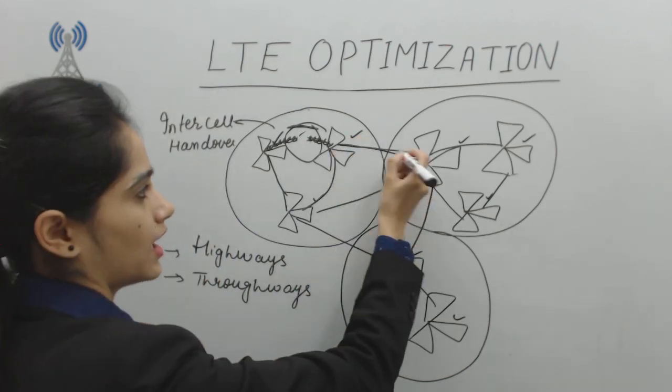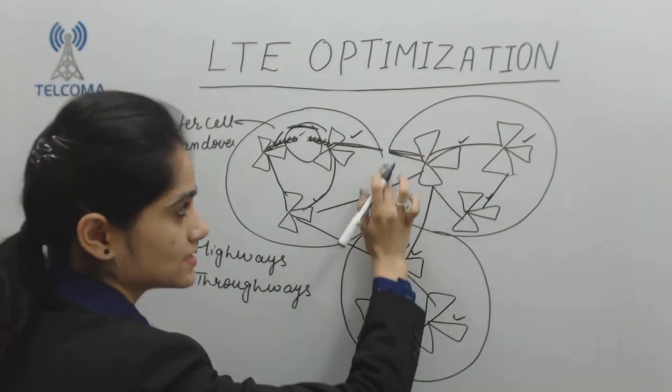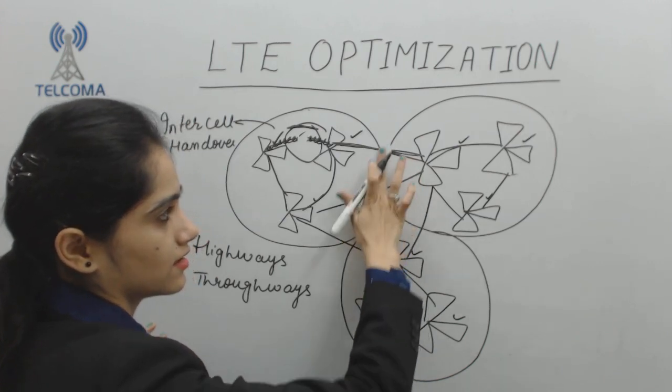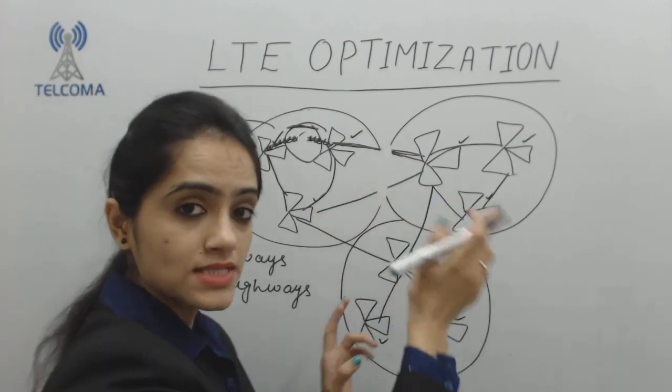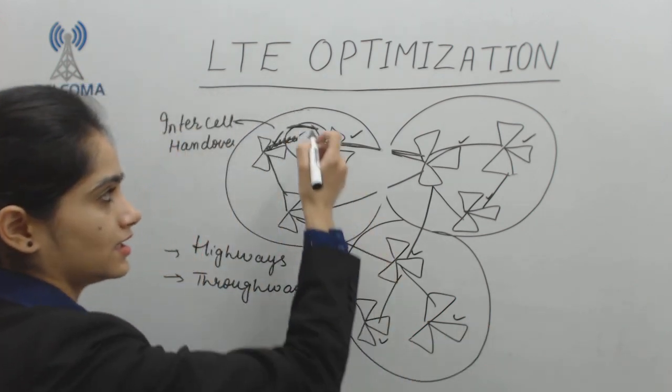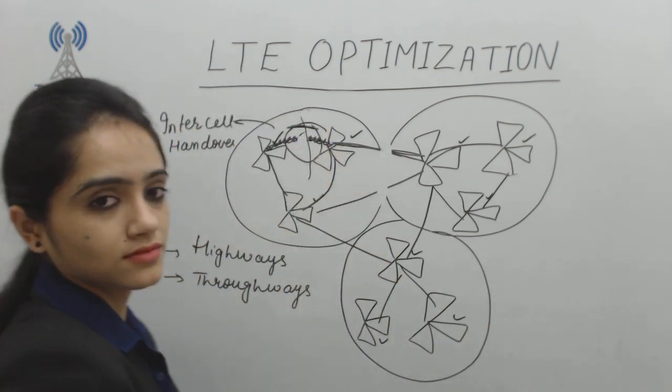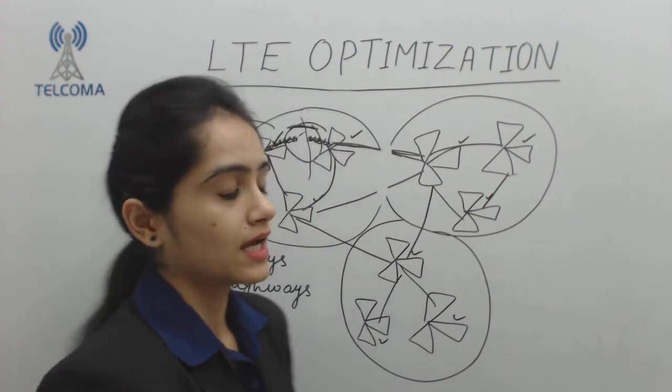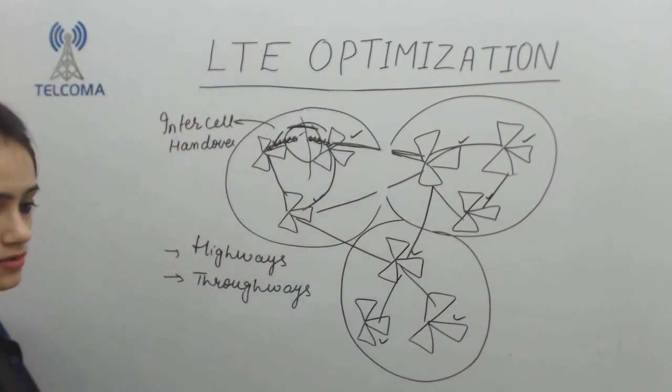Like on a highway you are traveling, is there any handover from one cell to another cell? What are the values? In what area are we getting handover? Because we are recording.